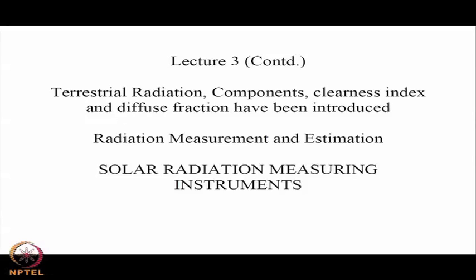Though we have not yet elaborated on how to measure these quantities, we also have defined a clearness index, which is the ratio of the terrestrial radiation upon the extraterrestrial radiation. This clearness index also has been defined on different time scales, like an hourly value or a daily value or a monthly average hourly value.